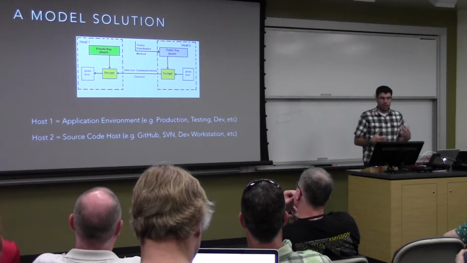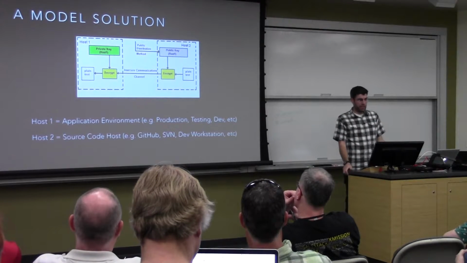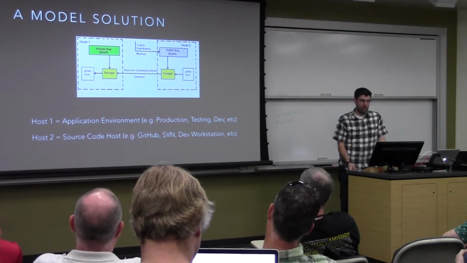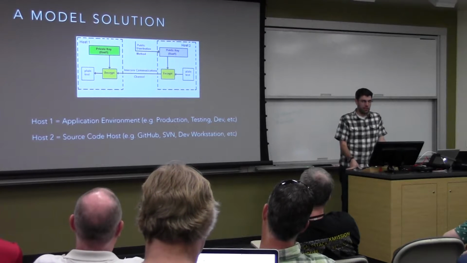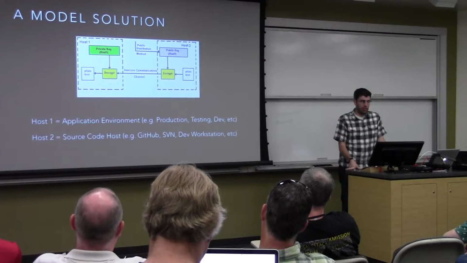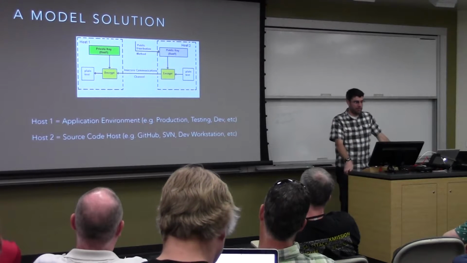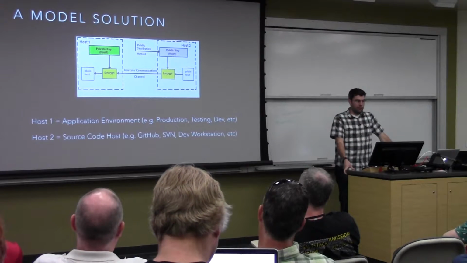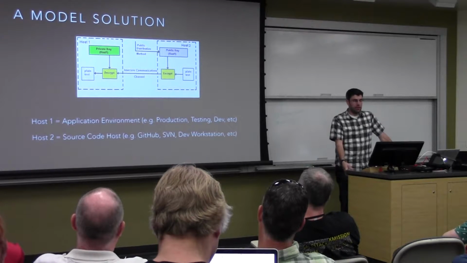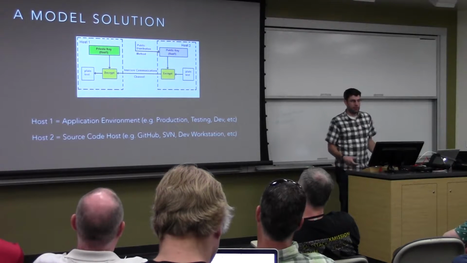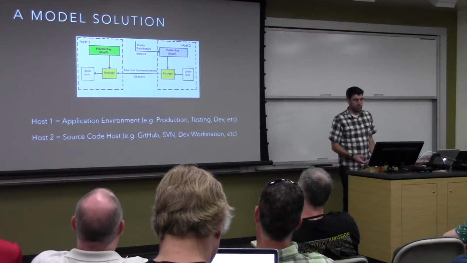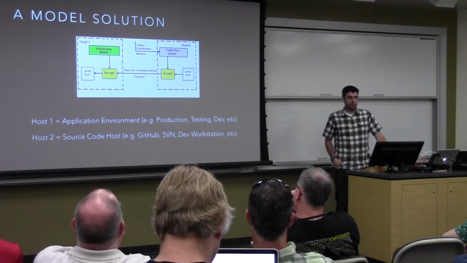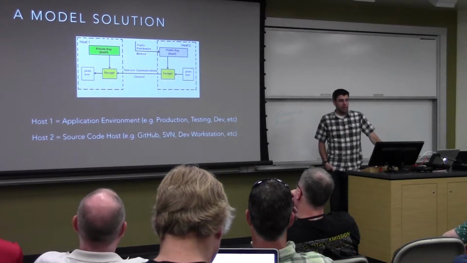So essentially, you have these two hosts, host 1 and host 2. Host 1 in this case would represent our application environment, like production, testing, or dev, if we want to test the operation of this model. And host 2 would be like our source code host, our place where we're storing source code, be it GitHub, SVN, a dev workstation, wherever you're storing your source code would be host 2.